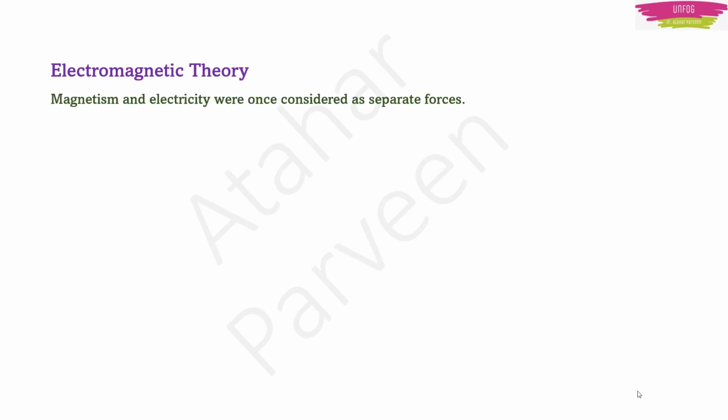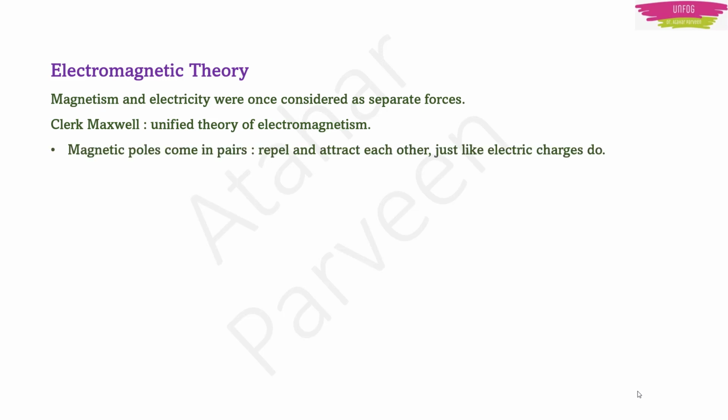Actually, before electromagnetic theory came into the picture, people thought that magnetism and electricity were two separate forces. But Clerk Maxwell, who gave this electromagnetic theory, unified this. He told that magnetism and electricity work together also. Magnetic poles come in pairs, he told.